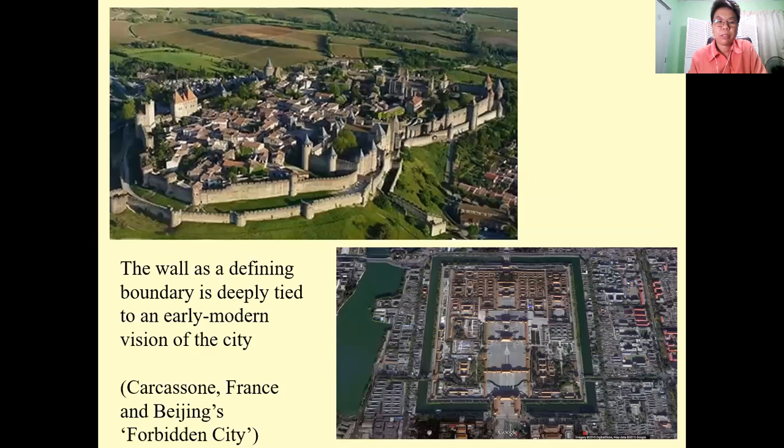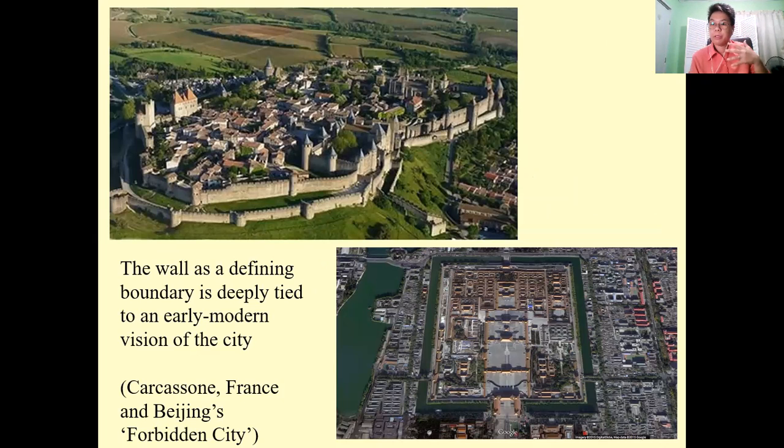So this is an example of France during the 1800s, how they expanded. So first there's one territory to another. So there's a wall as a boundary defining a city, deeply tied to an early modern vision of the city. For example, if you've seen Beijing, the Forbidden City, there's a Beijing Wall, right?